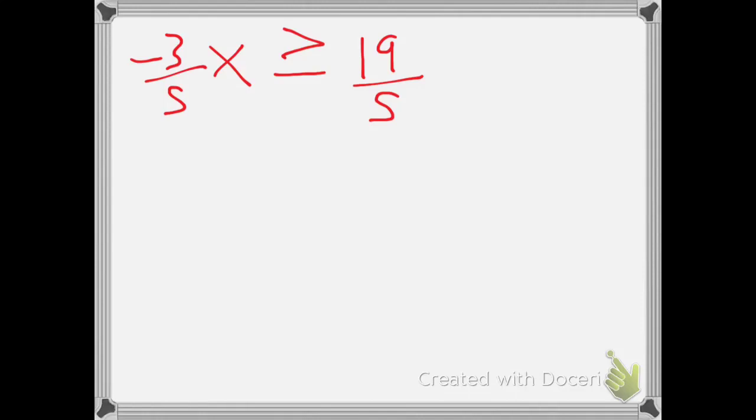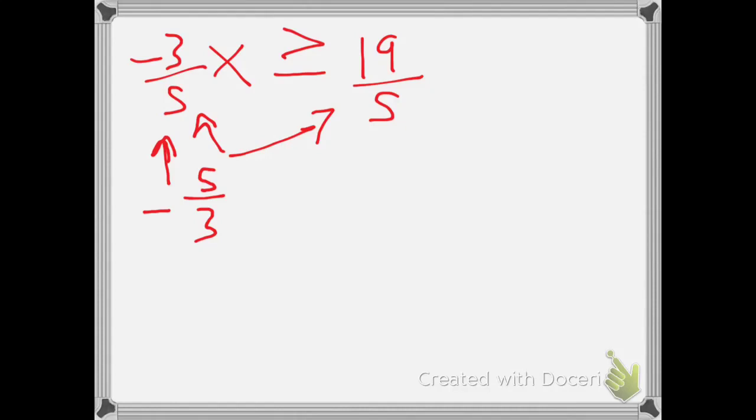And that just means you multiply by the number that's in front of x, flipped upside down. So I'm going to take negative 3/5 and flip it upside down, and I'm going to multiply both sides by that number. If you take negative 3/5 and flip it upside down, you're going to get negative 5/3. So I'm going to multiply both sides by negative 5/3.